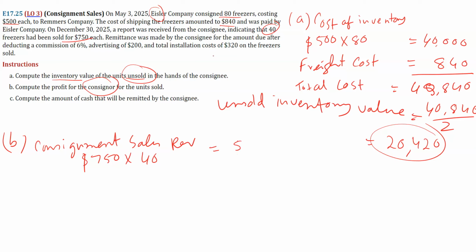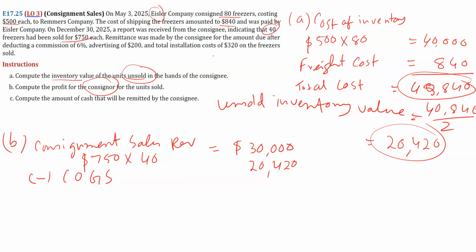Total consignment sales revenue is $30,000. Now you have to subtract the cost of goods sold. We calculated the cost of goods sold for 80 freezers, so for half of those, the 40 freezers, the cost of goods sold is the same as for the unsold half: $20,420.